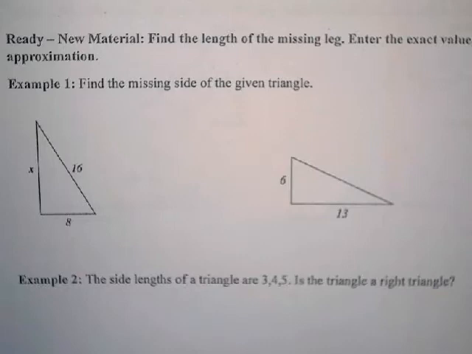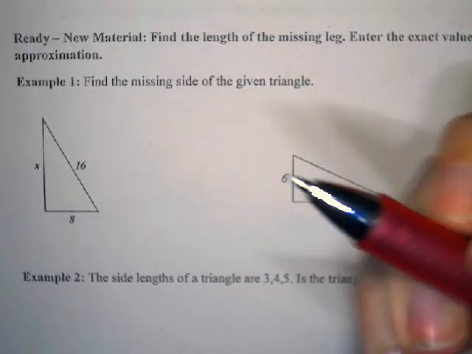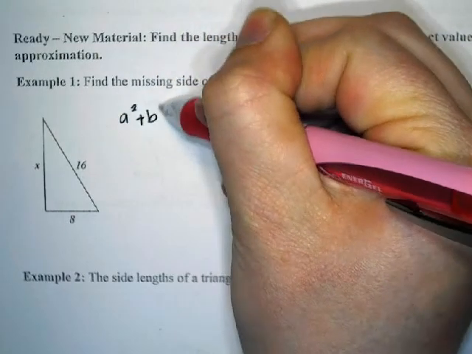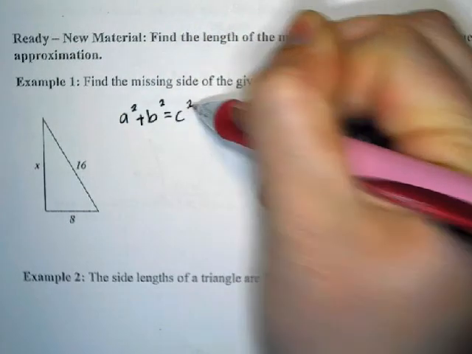For the first question, it asks us to find the missing side of the given triangle. This is a review. We're going to use a squared plus b squared equals c squared.